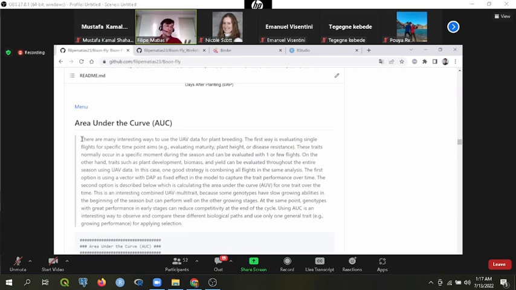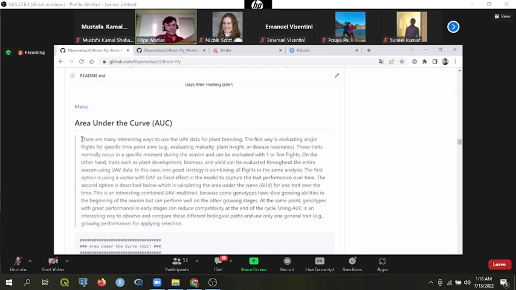For example, if you are looking for maturity, it's basically only the flights at the end of the cycle that are more related with senescence or maturity, right? Vine maturity. However, if you think about yield, the information during the whole cycle is more connected with the plant performance than only one specific flight or a specific moment during the season.